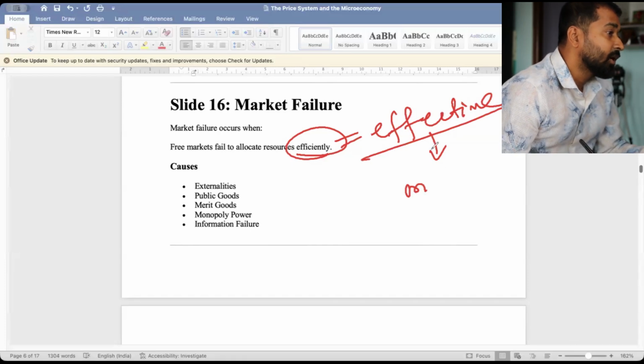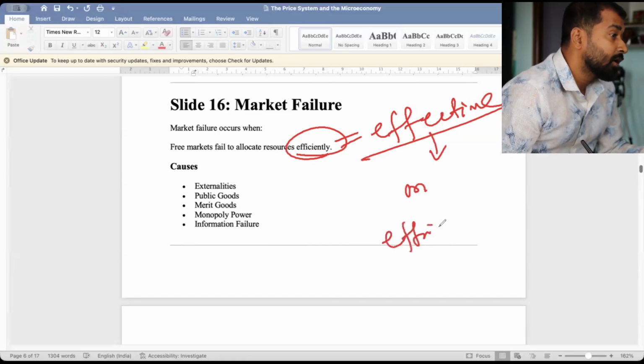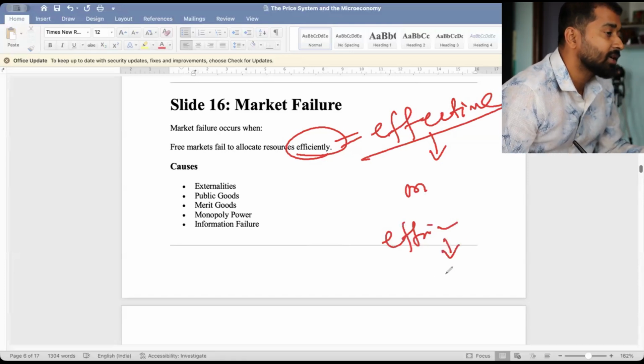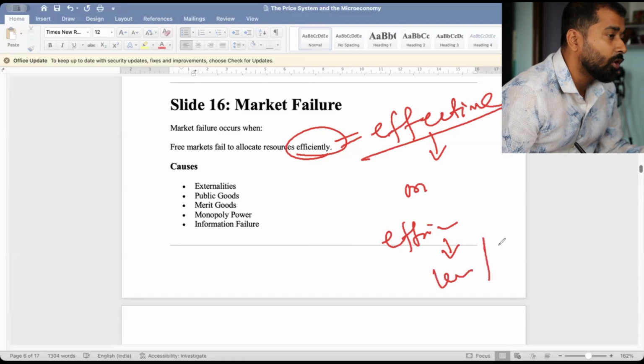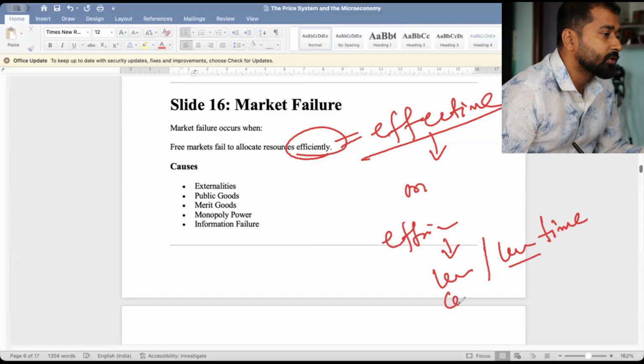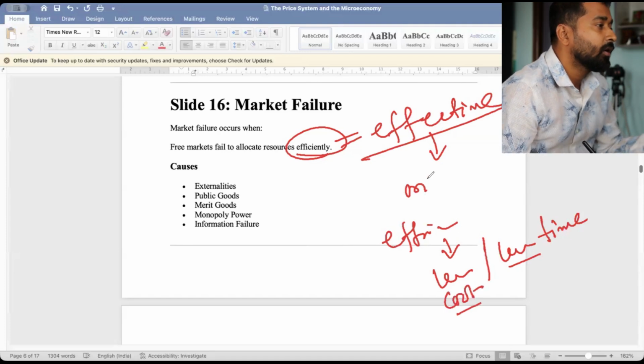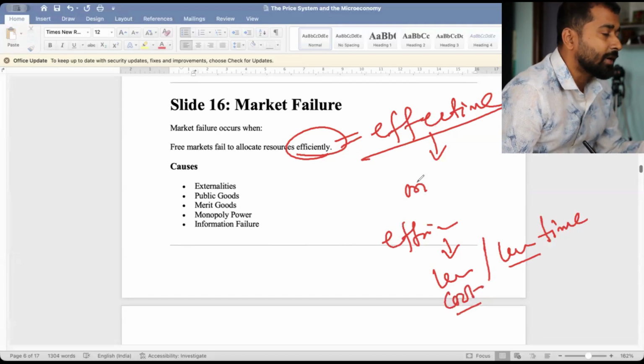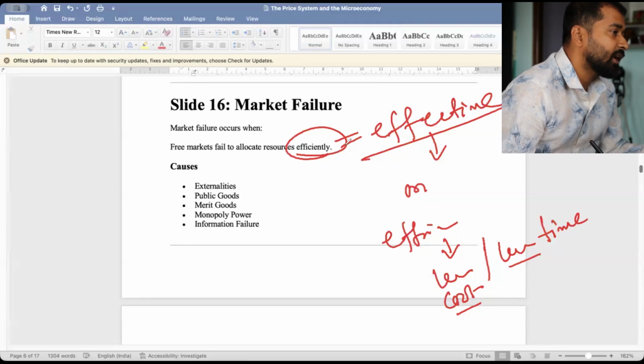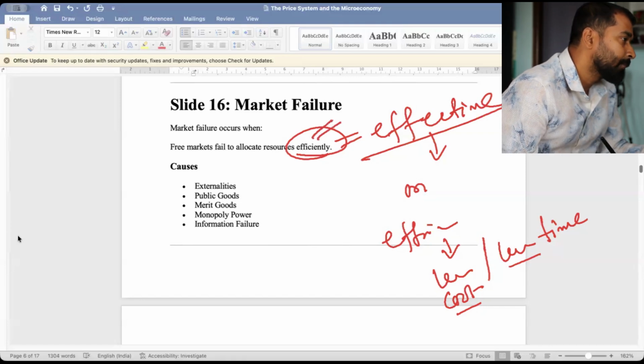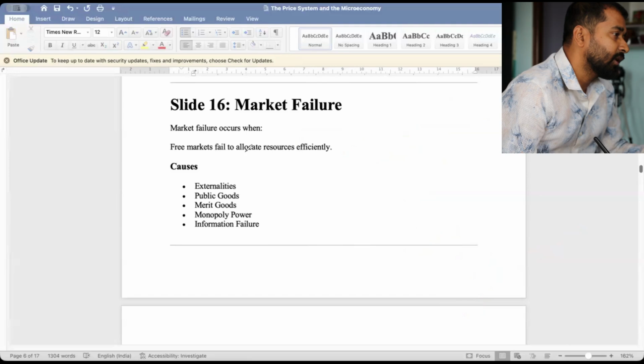But efficiency is using your allocated resources with less cost or less time and completing your production, so that you have benefited. Now, when a free market fails to allocate resources efficiently, that is known as market failure.